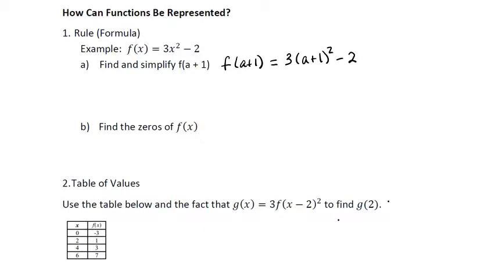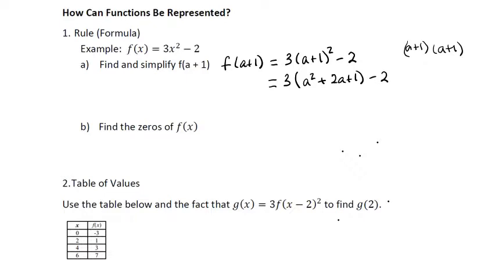Notice that it says and simplify, so I'm going to do a little algebra here. It's nice, a little bit of algebra review. Remember that if I see a plus 1 squared, I can't just square a and square 1. I actually need to multiply it out by FOIL or some other square of a binomial formula. So a times a would make a squared plus 2a plus 1 minus 2.